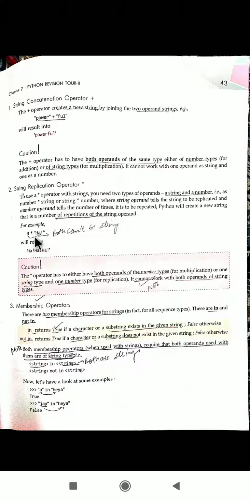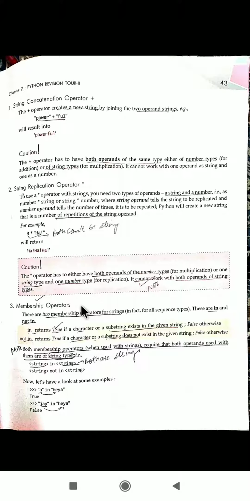So ha will be repeated thrice. Why thrice? Because we have used the number 3. What you need to keep in mind here is that you cannot work with both operands of string types. One should be of integer type, one should be of string type.